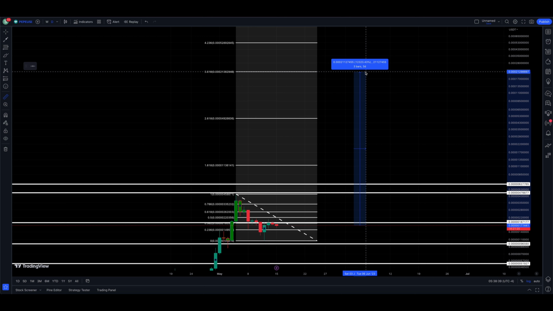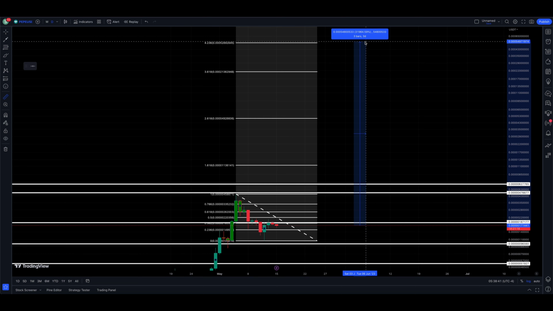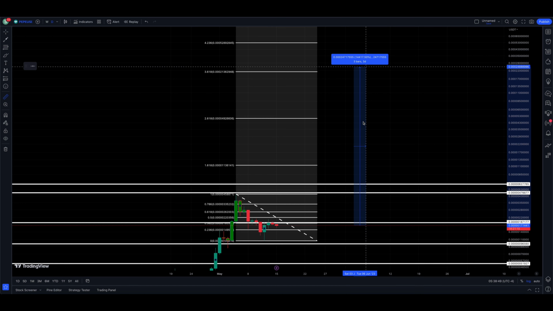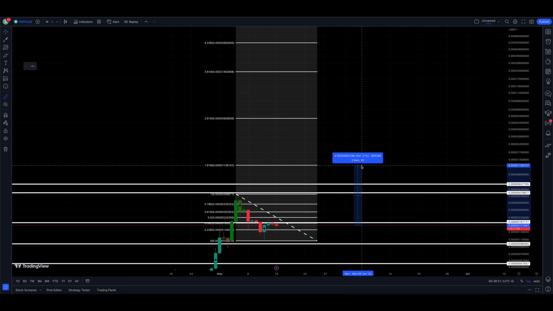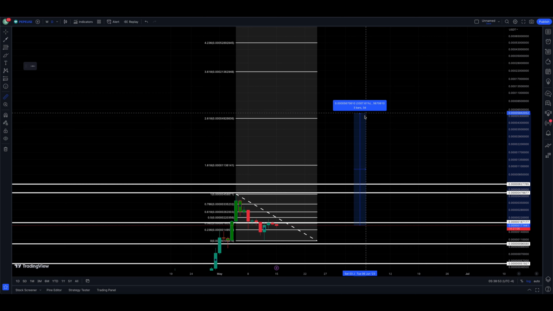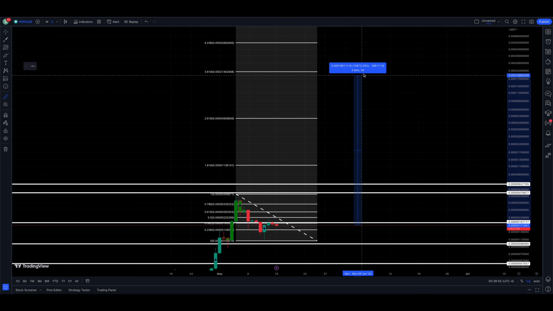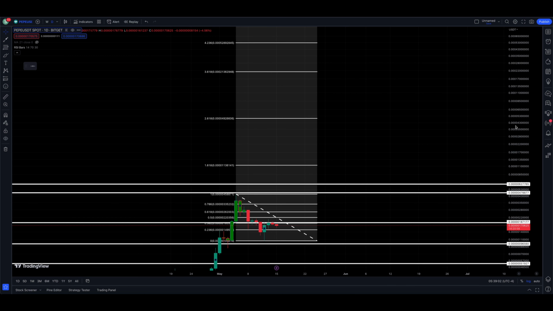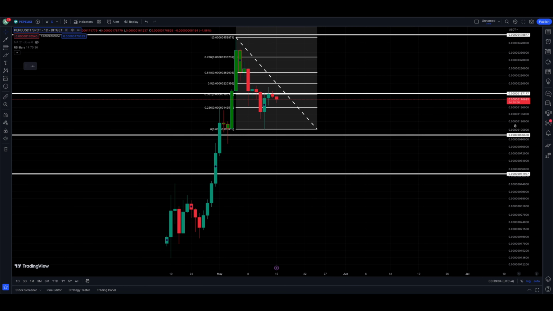Give or take. 4.236, excuse me, would take you up there to a 30,000% move. So there are many hundreds to, if not many 1,000% moves that could take place for PEPE. I'm not saying it's going to, but it could, based on the fibs, based on this recent pullback.